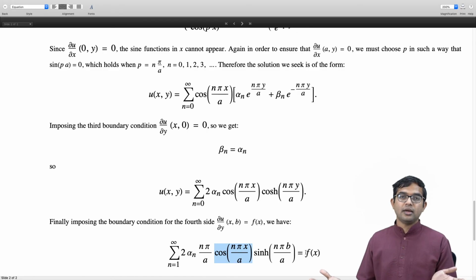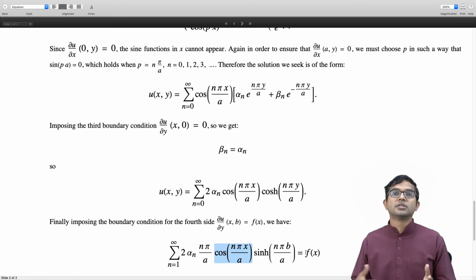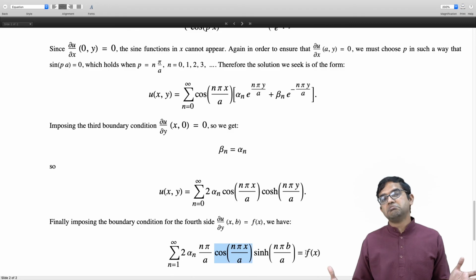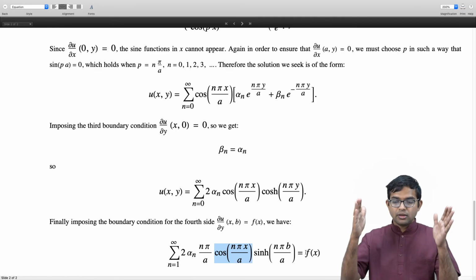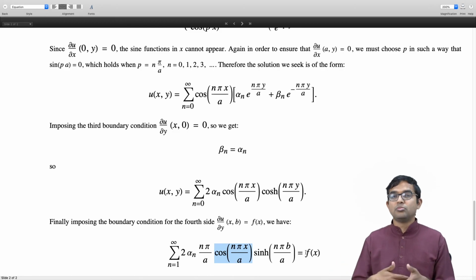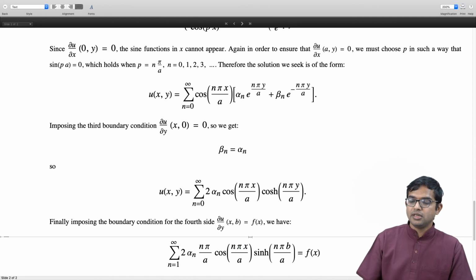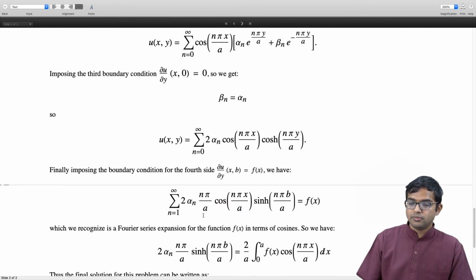There is a way to describe this function in terms of cosines or sines, because you can extend it to be an even function or an odd function and then extract this Fourier series. As far as you're looking only at the interval 0 to a, both are completely legitimate solutions. So in this case it's a Fourier series in cosine functions.